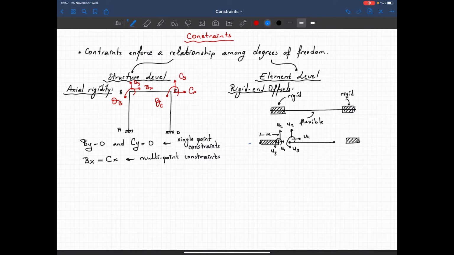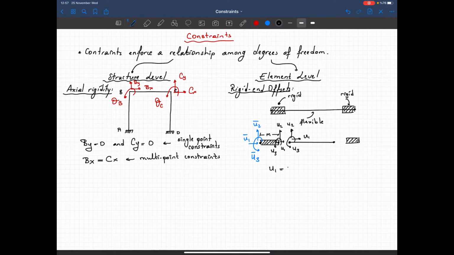Let's call this one u1 hat, this one u2 hat, and this rotation u3 hat. And then I define a relationship between these degrees of freedom and these ones.